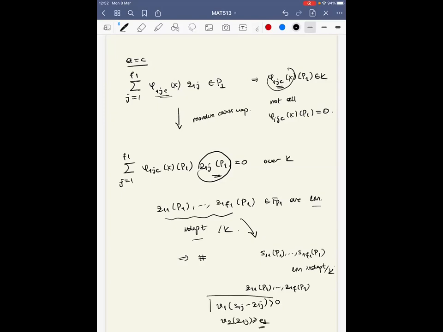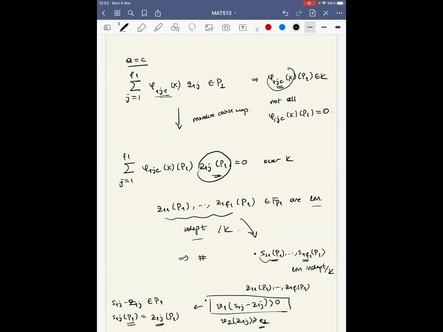But only with this definition, we can see that if we are given F1 linearly independent elements, denoted by Sij of P1, and by this condition, since the valuation is positive, this difference lies in P. So the evaluation of S1j at P1 is equal to the evaluation of Z1j at P1.